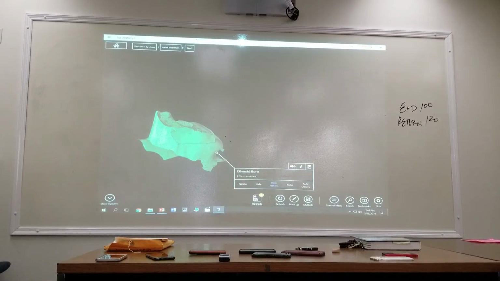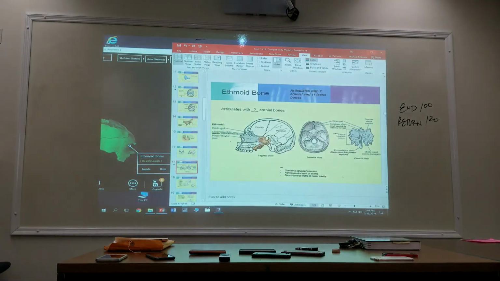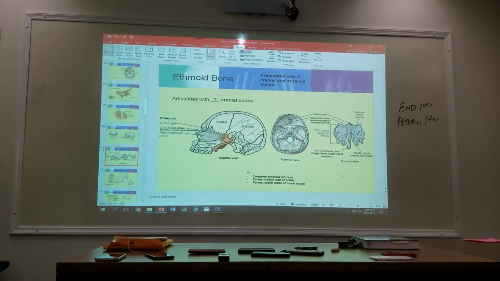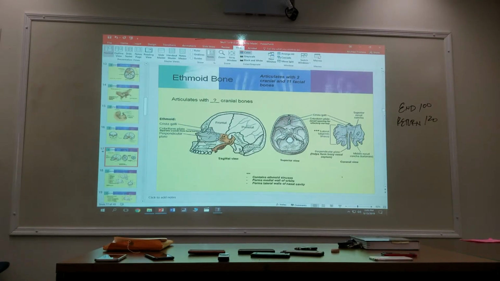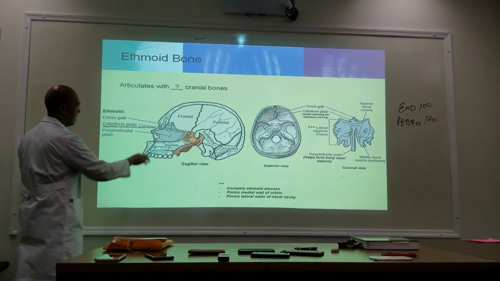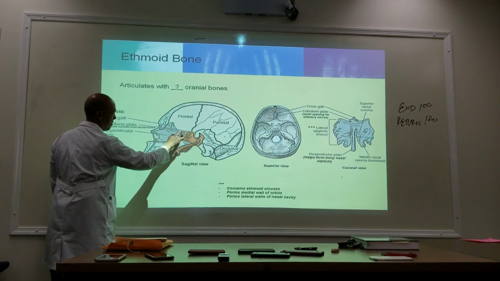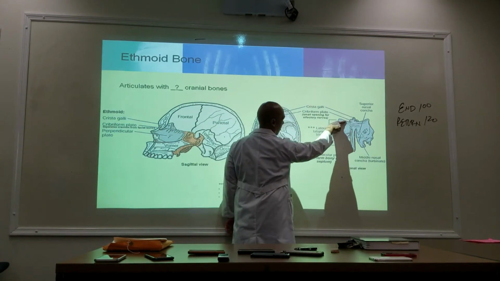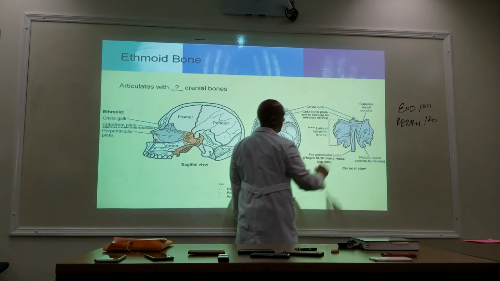And so if I go back to the other image here, the cribriform plate, this flat area right here, and if you look at it laterally, this right here is what separates the cranium from the facial bones. It separates the cranium from the facial bones. This plate right here. The flat surface.